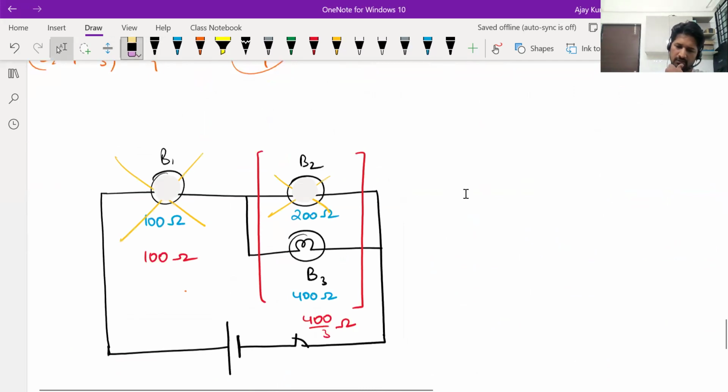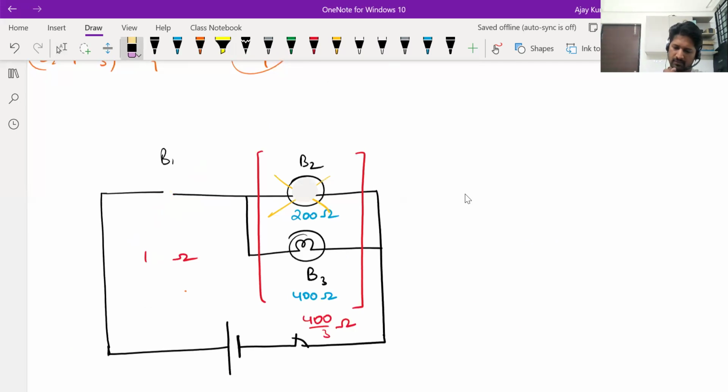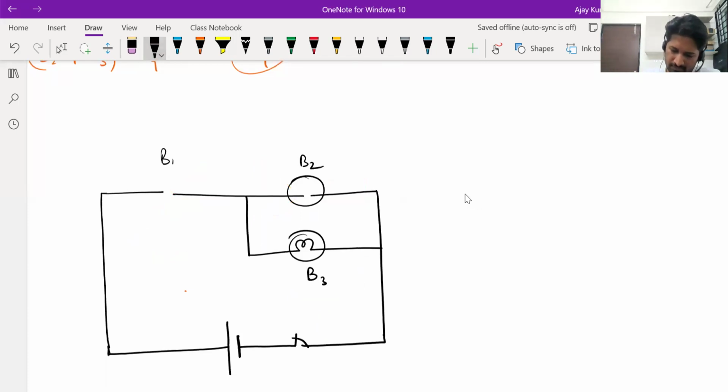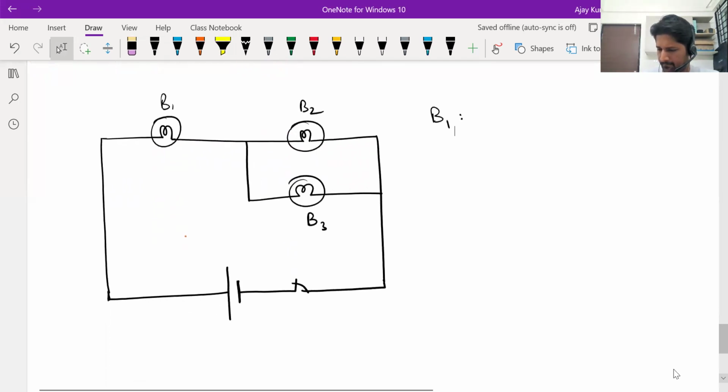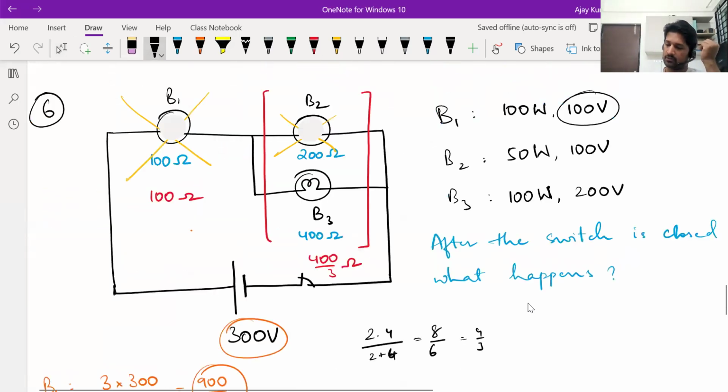So let's take some values. We took 100 watt, 100 volts, no?